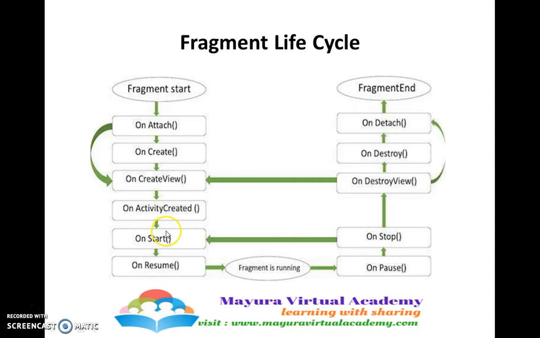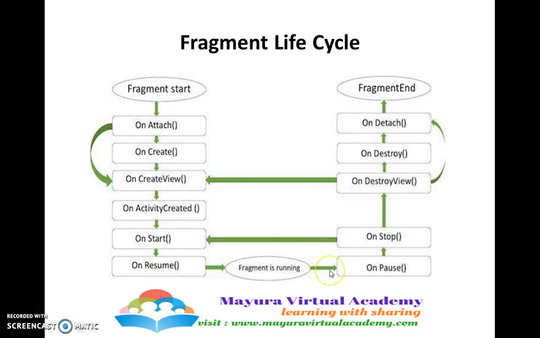Once onActivityCreated happens, it will call onStart, where the UI will be visible to the user, and it will be transient. It will be in the onStart method for a very short period. Then it will come to the onResume method. onResume is where the fragment will be running and the user can interact with the fragment.